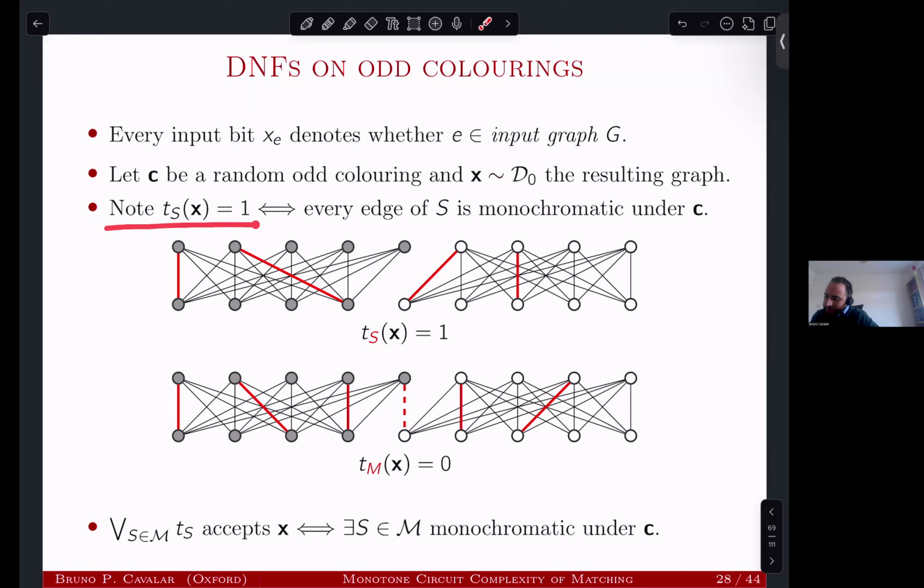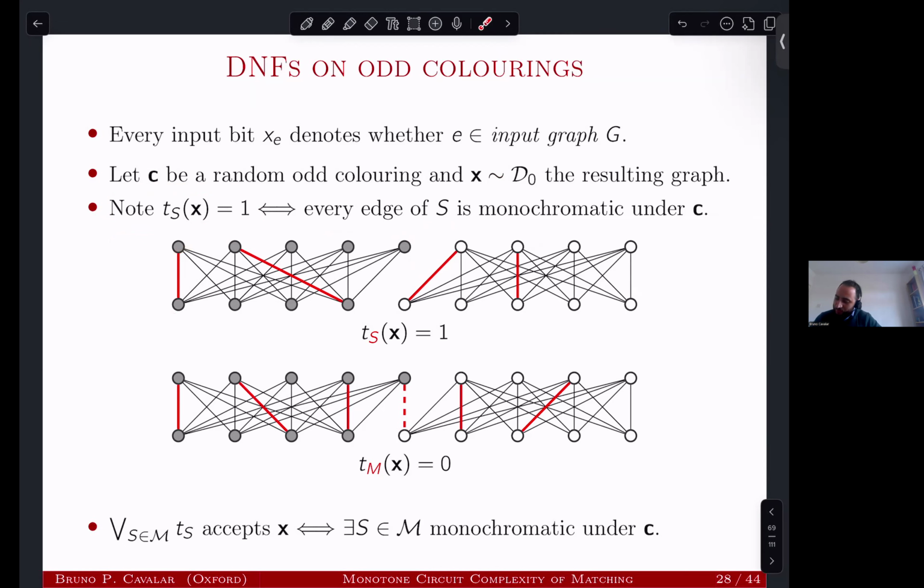When you say that the term T_S accepts an input X of this form, you are actually saying that every edge of S is monochromatic under this coloring, because edges only appear when the two endpoints are colored with the same color.